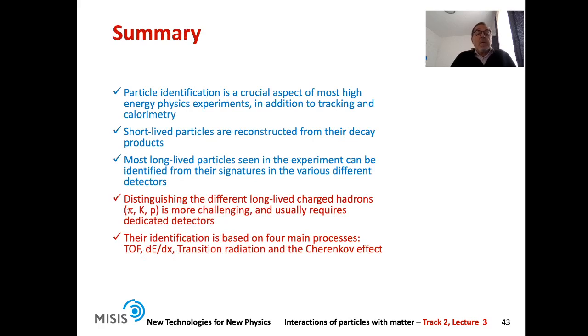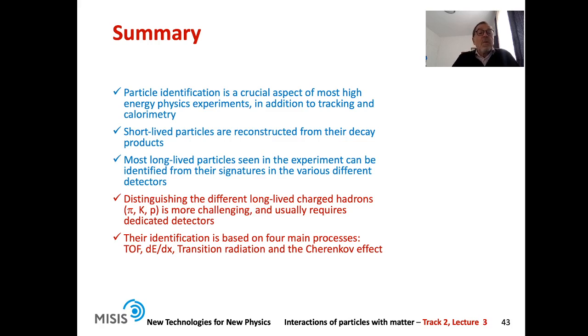So it brings me to the summary of my lecture for all three parts. Particle identification is a crucial aspect of most high-energy physics experiments, in addition to tracking and calorimetry. Short-lived particles are reconstructed from their decay products.